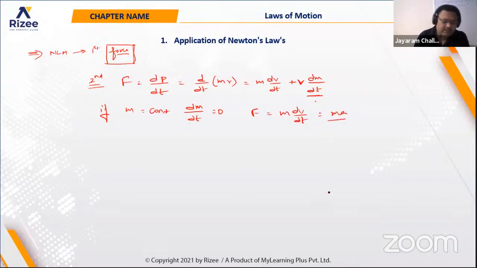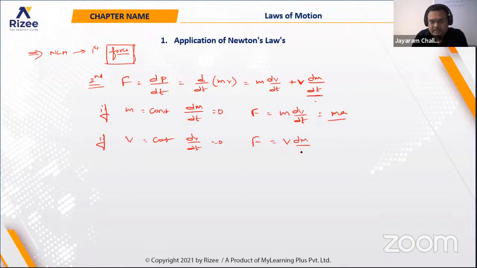We write this as ma. If the velocity is going to be constant, if v is equal to constant, as with conveyor belts, which have constant velocity, then dv by dt will be equal to zero. Then F has to be equated with v into dm by dt.